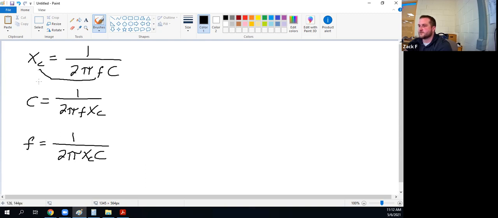You're switching those two. Just algebra, right? But there might be a question that says, here's a frequency of this, and here's a capacitance of this. What is the capacitive reactance? You're going to use this formula. There might be a question that says there's a capacitive reactance of this and a capacitance of this, and I want you to find the frequency. You use that formula, right? You can have these formulas on your formula sheet if you want to write them down.